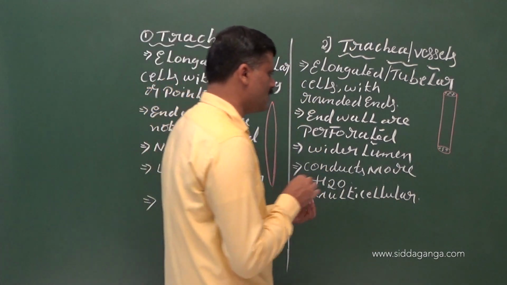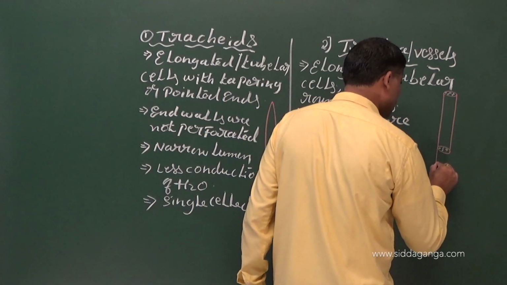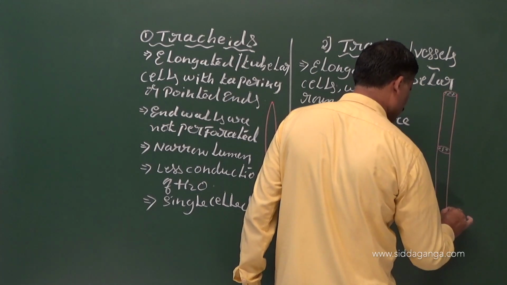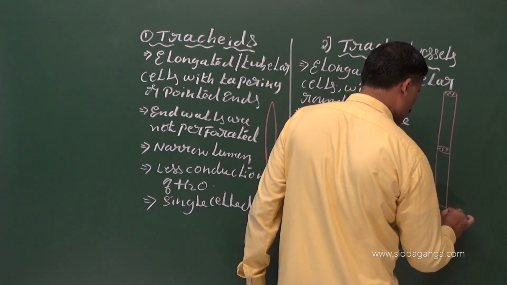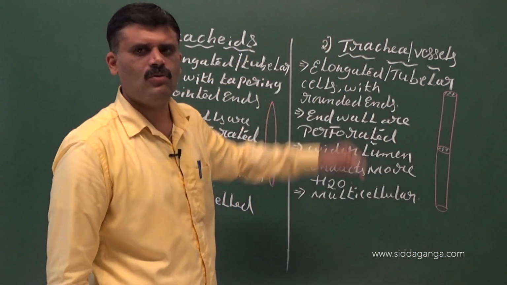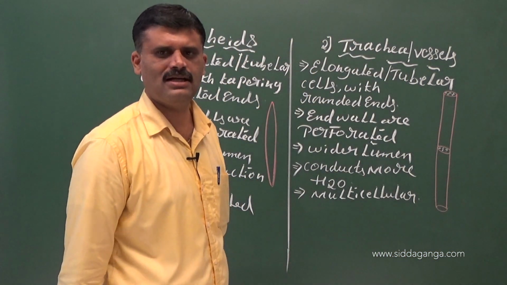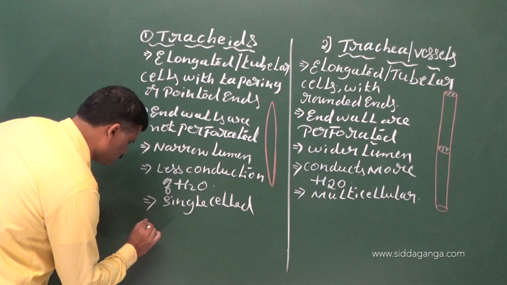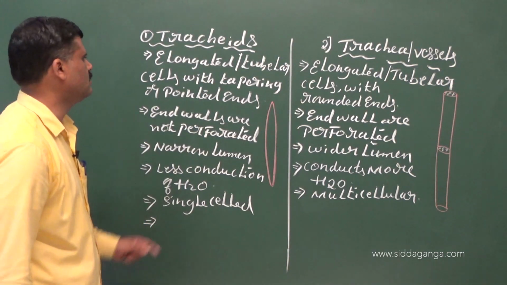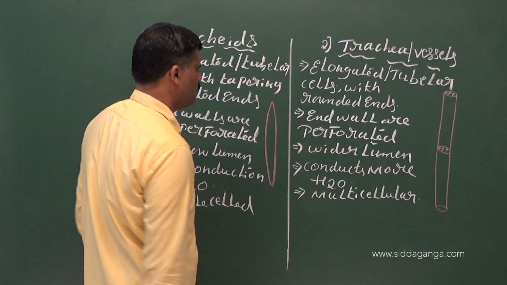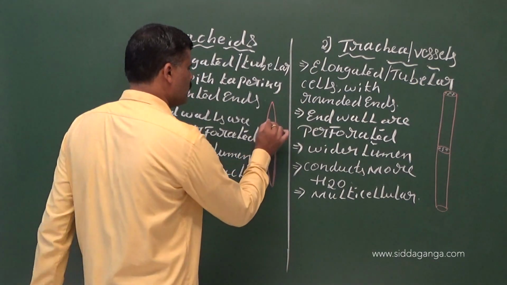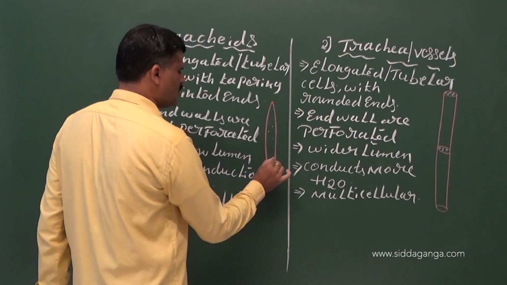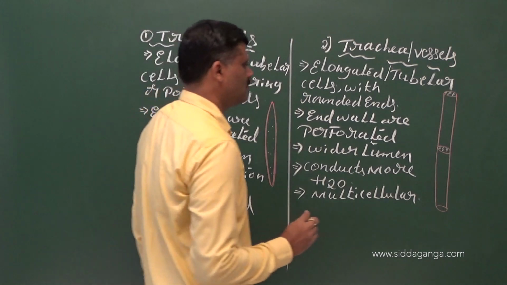The cells are placed one above the other to form a continuous water column or water pipeline like structure. Tracheids are involved in movement of water by the pores or pits present on the surface of the cell.